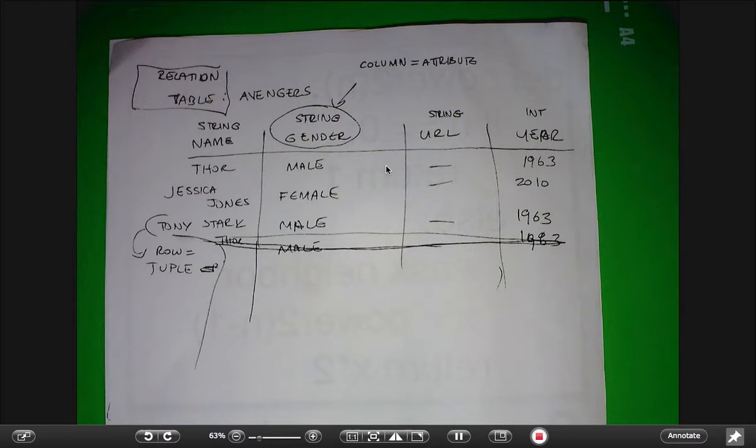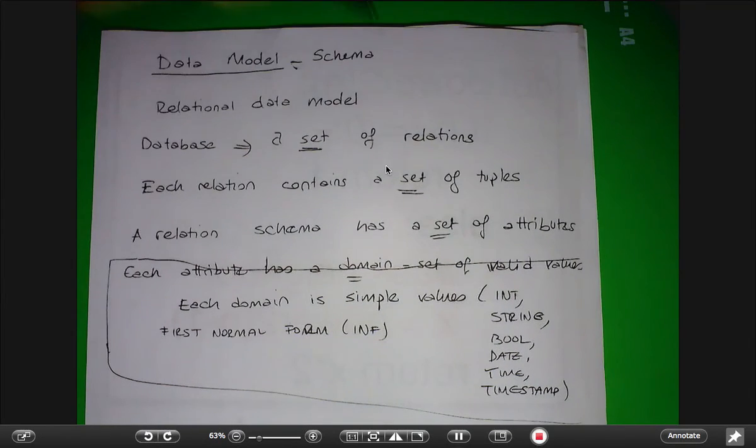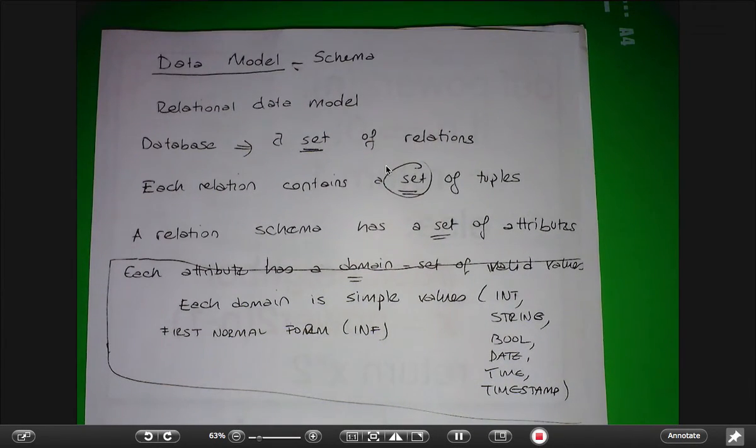So that's why I say that it's a set of tuples, meaning that it doesn't say anything new to logically repeat the same thing over and over for emphasis. So putting a tuple is a logical statement that Thor is an Avenger, and repeating it doesn't matter.